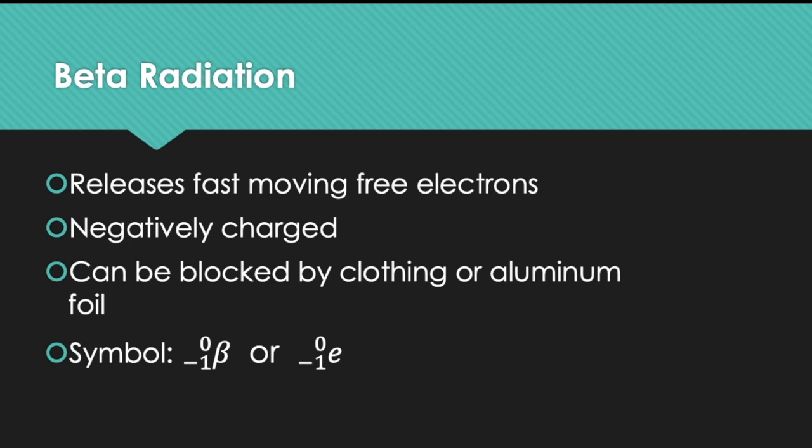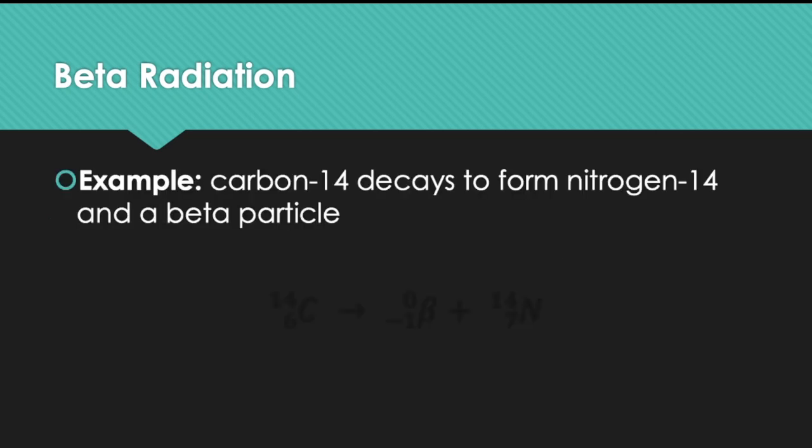And the -1 represents its charge. An example of beta radiation is when carbon-14 decays to form nitrogen-14 and a beta particle, and you can see the reaction in isotope notation.